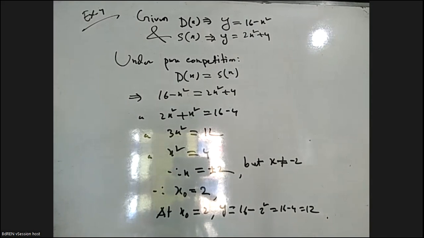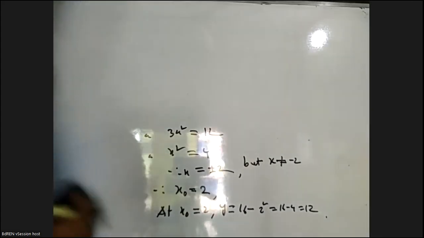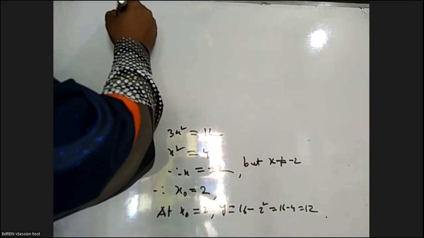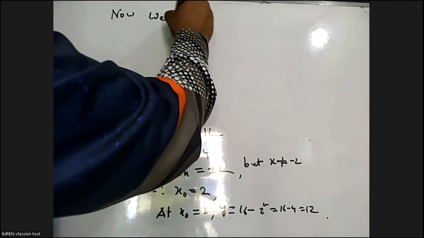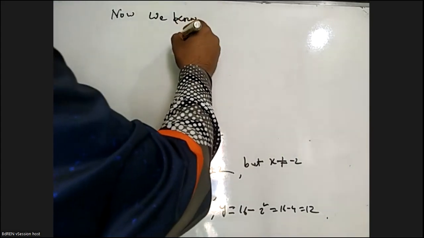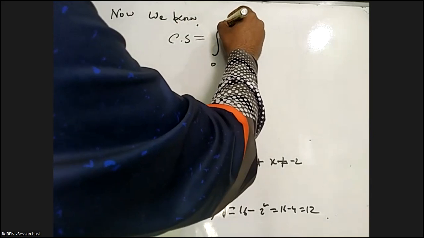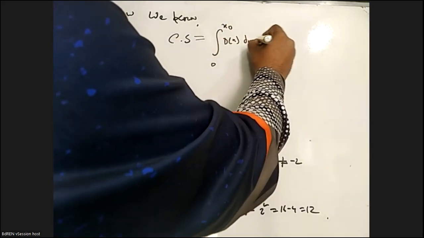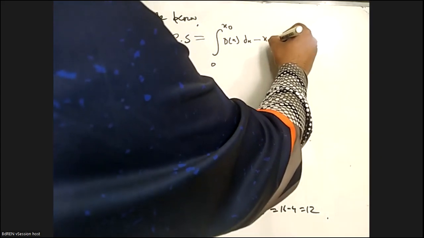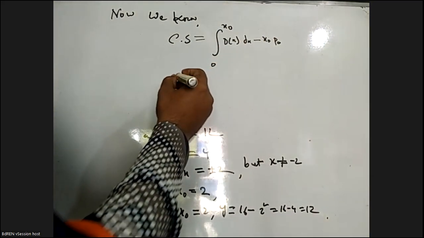Now we'll try to find out the consumer surplus using a similar formula. We know consumer surplus CS equals the area bounded by the demand function minus x naught p naught, the area bounded by the initial price and quantity.